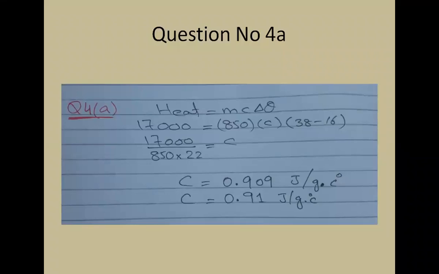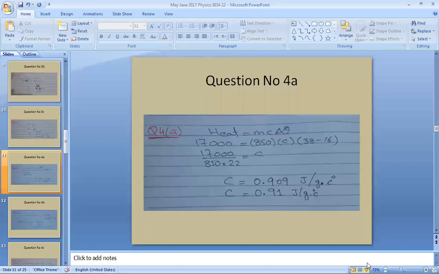So you will have 17,000 divided by 850 divided by 22. Enter these values in the calculator and you will get the answer 0.91 joules per gram per degree centigrade. So the specific heat capacity, small c, is 0.91 joules per gram per degree centigrade. Hopefully you understand.